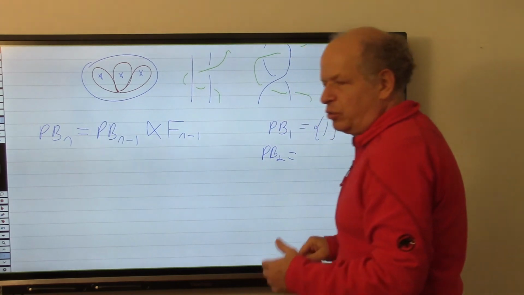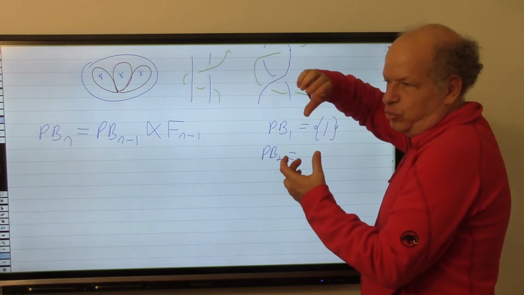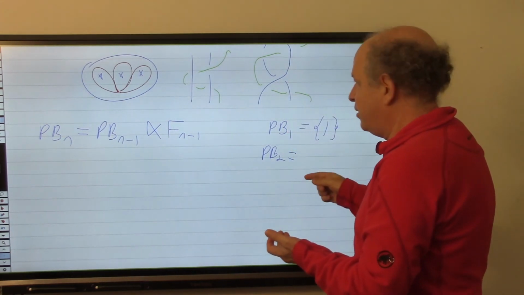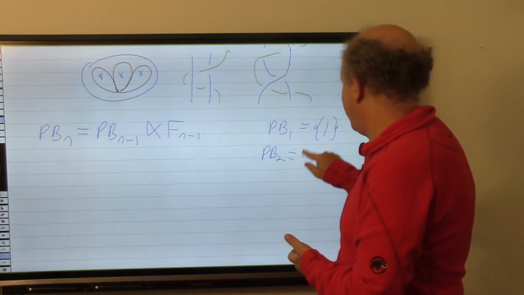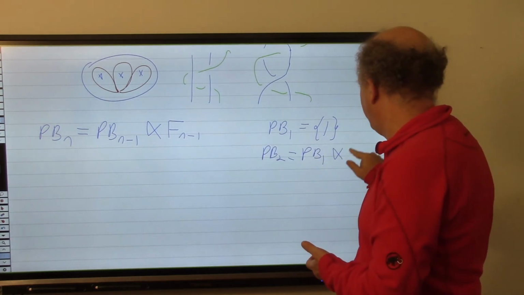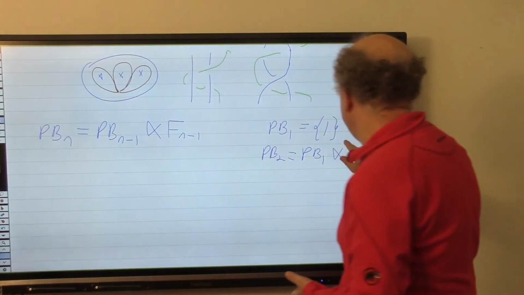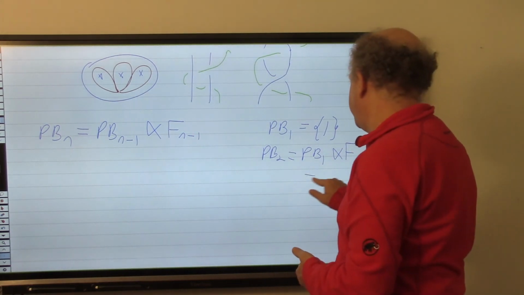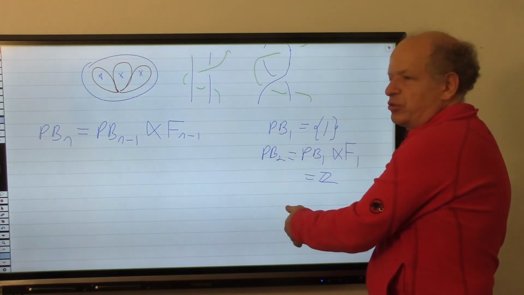If you only have 2 strands, you can twist them n times, that's the only thing you can do, so you get Z. Alternatively, you can use exactly the same argument and you'll find that this is PB1, which is trivial, semi-direct product the free group on one letter, but the free group on one letter is Z, so this whole thing is Z. Anyway, now I know where to stop.